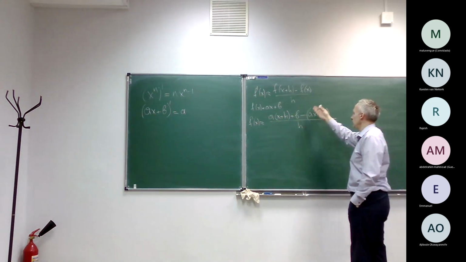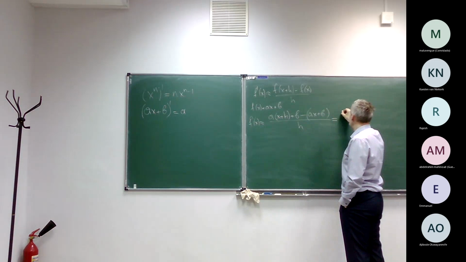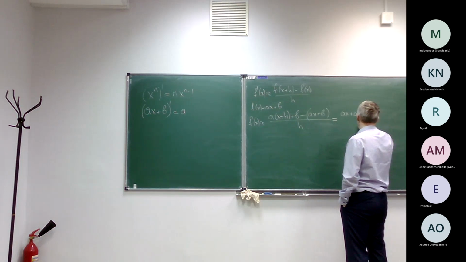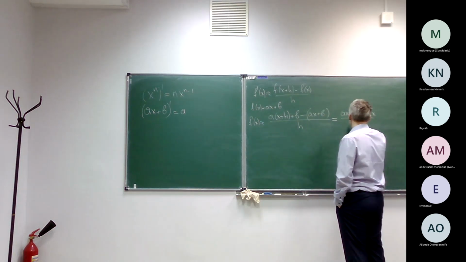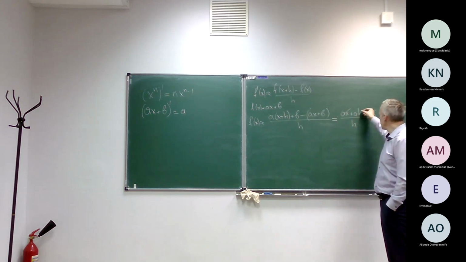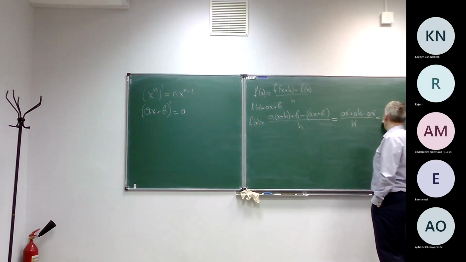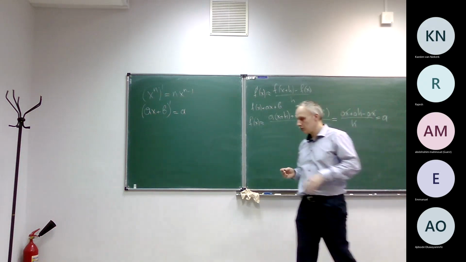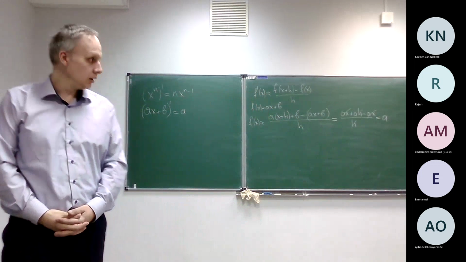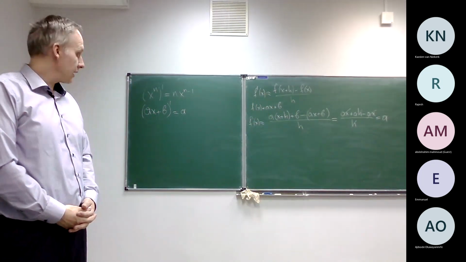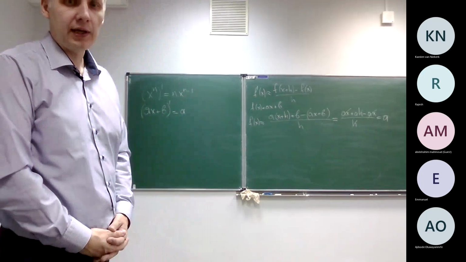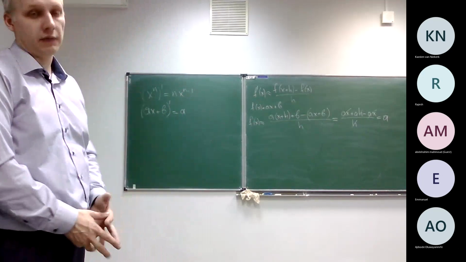As you see, b is cancelled. We have ax plus ah minus ax minus b, b cancels, over h. ax cancels too. h also cancels. And we finally obtain that f prime of x equals a. The exact value of the first derivative.